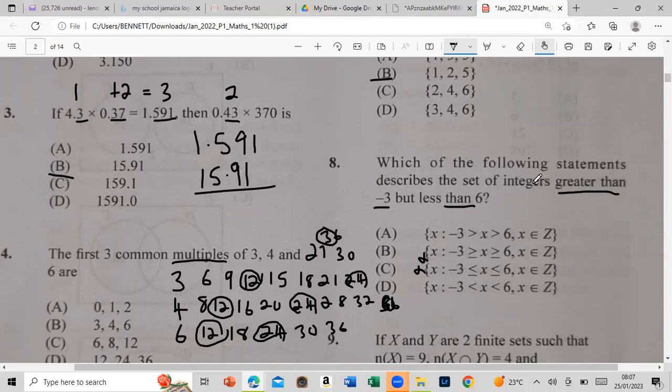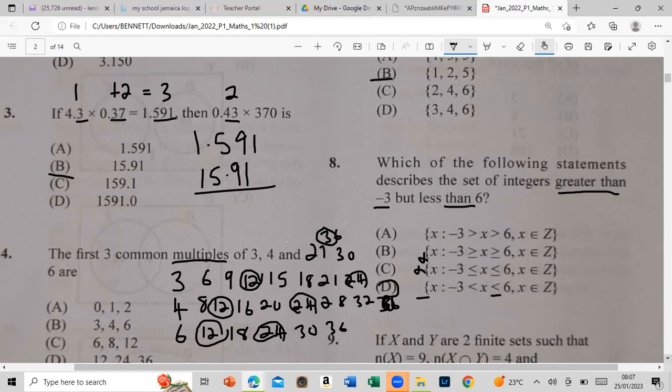So our answer would be this, and the letter is D. X is greater than negative 3 right here, but less than 6. So see the less than here.